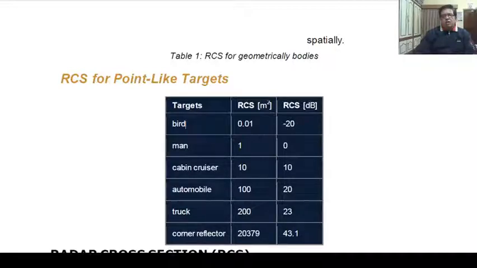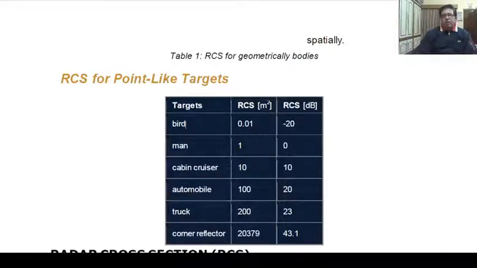What is RCS in dB? 0. Cabin cruiser: its RCS is 10 and RCS in dB is also 10 dB. Automobile: 100 meter square, 20 dB. If there is a truck, 200 meter square, 23 dB.